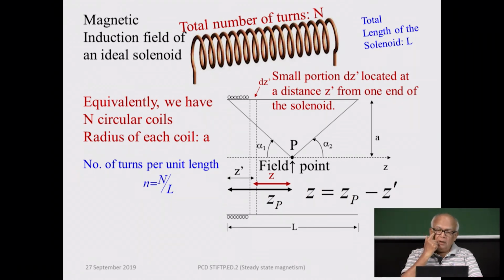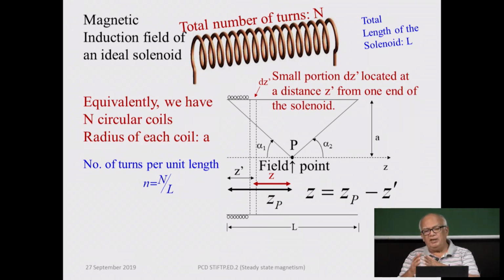You can locate this point in terms of a distance from one end, which is Zp, and the distance of an arbitrary segment of the solenoid is referenced from the same end in terms of Z prime. And this difference Z is Zp minus Z prime. So, that is the geometry we are referring to.